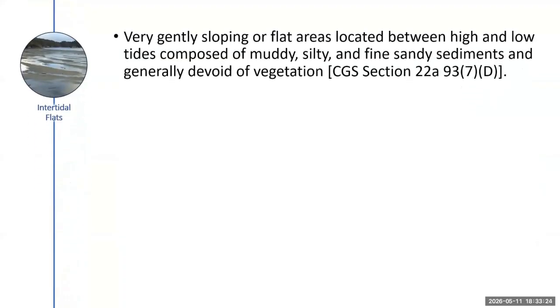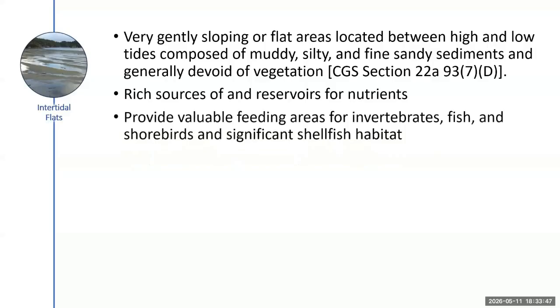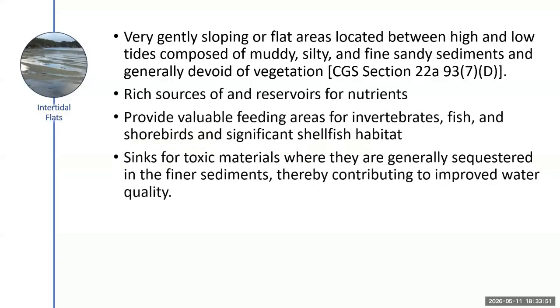So intertidal flats are gently sloping or flat areas located between high and low tides. They have muddy, silty, fine sandy sediments, typically devoid of vegetation because of the dynamics and relatively little nutrients there. They're rich sources and reservoirs for nutrients, valuable feeding grounds for a variety of invertebrates, fish, and shorebirds.